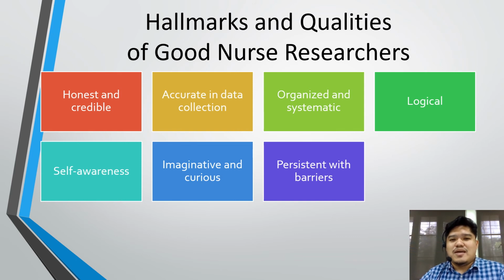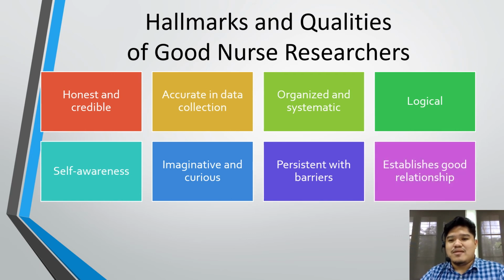Okay? As a good nurse researcher, you are also persistent with barriers. You have to set limits in terms of respondent and researcher interaction, a relationship which should be maintained to be considered a professional, good researcher. So you should also establish a good relationship not only with the participants but also with your team members.